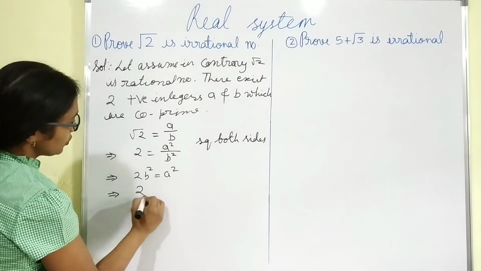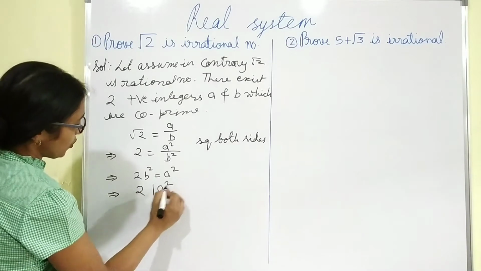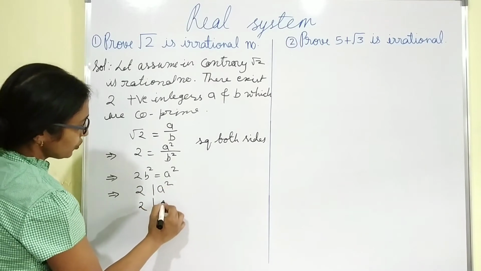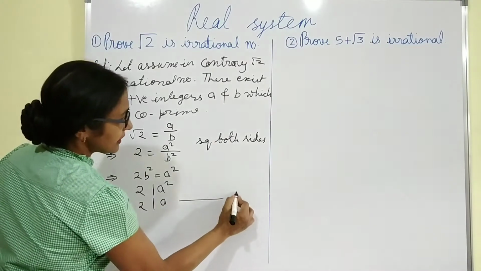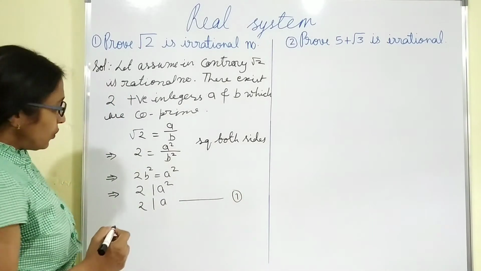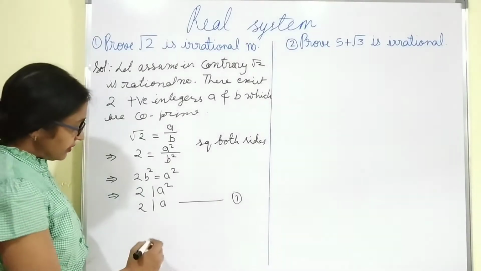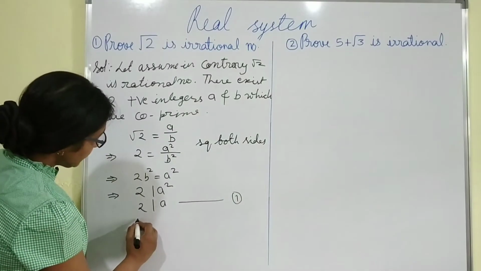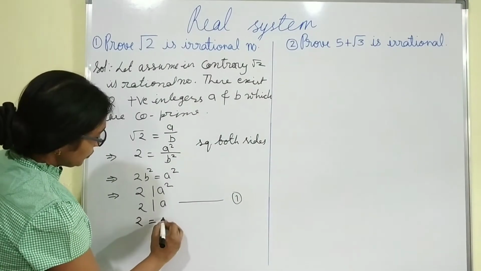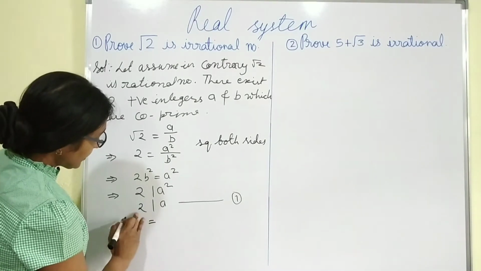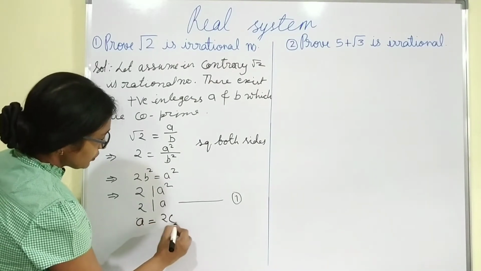It means 2 divides a square. So 2 divides a. It is equation 1. Okay. Now there exists another number c. a equals 2c.